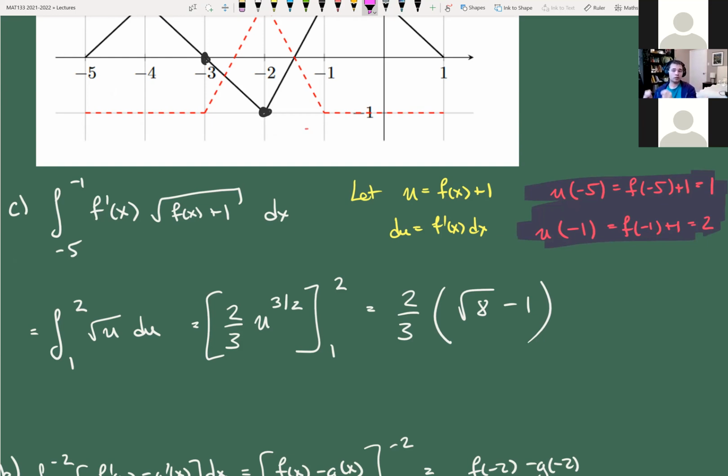But if you change the bounds of integration, then you don't need to find the antiderivative. That's a nice thing that happens with substitution that doesn't necessarily happen anywhere else. So this is why we might change the bounds. But if you're not comfortable doing that, you can find an antiderivative first and then evaluate. That's totally fine as well. Those are all perfectly great ways of doing this.